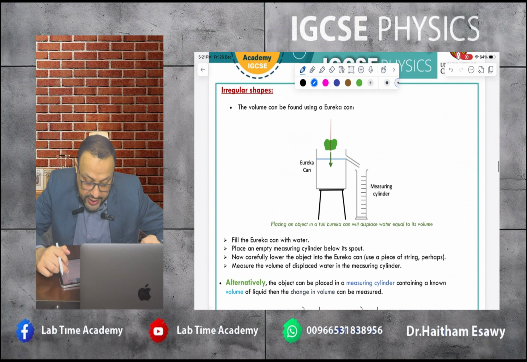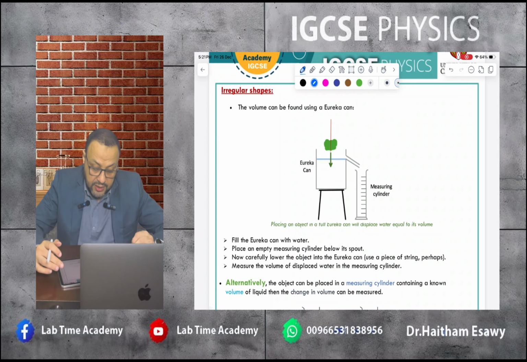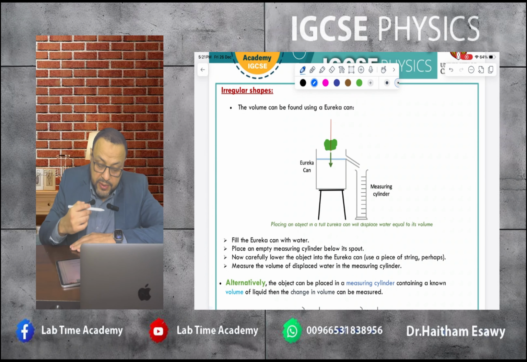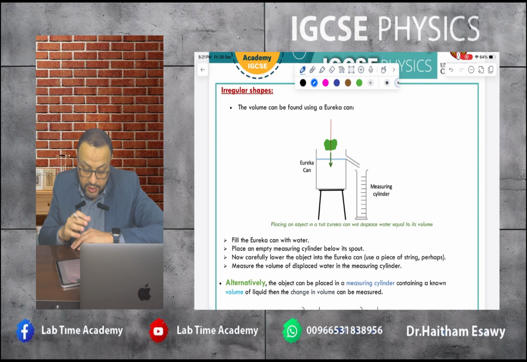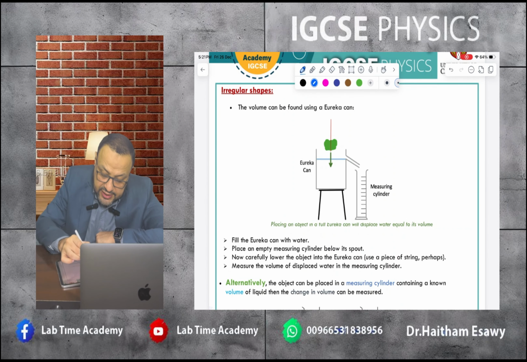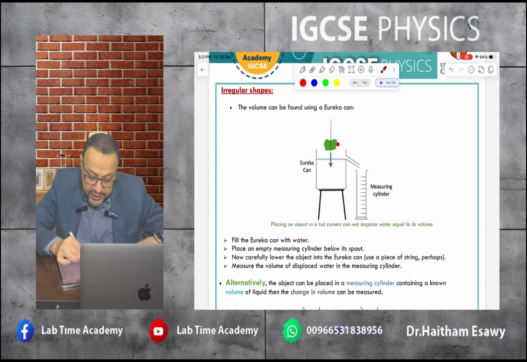Irregular shapes. Actually, we said it before many times. I can use many methods to measure an irregular shape. For example, if I have this irregular shape, as you see in front of you in green color, first I get a Eureka can and put water in it until the water reaches its spout. Then I have a measuring cylinder.